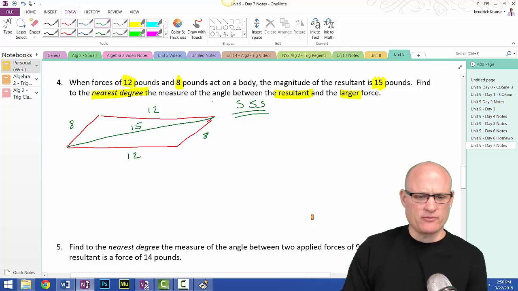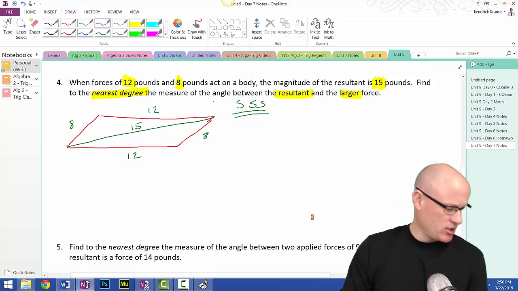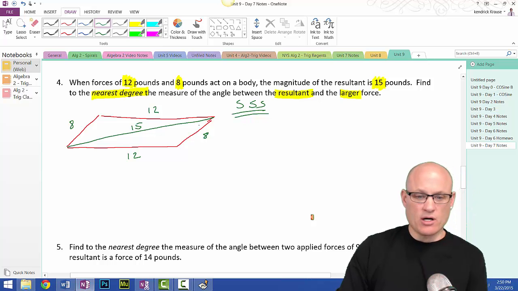Now, let's see what I'm looking for. I want the angle that's opposite the larger force. So I want this angle. Since this is 8 pounds and this is 12 pounds, this force is larger, so the angle opposite will be larger.